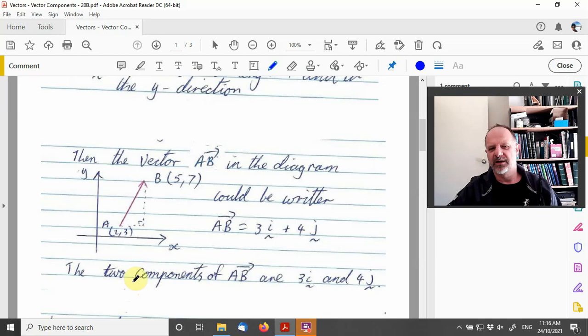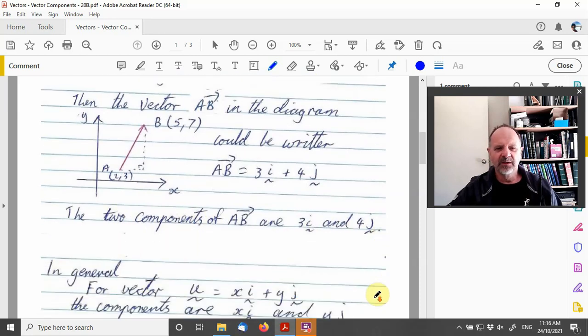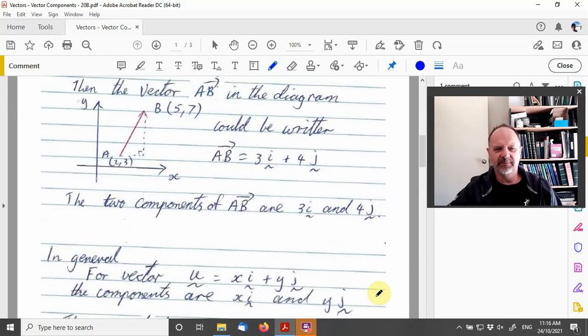So the components of AB, the two i and j vectors that comprise it, are 3i and 4j. In general, for vector u, it would be xi plus yj, and the components are xi and yj.